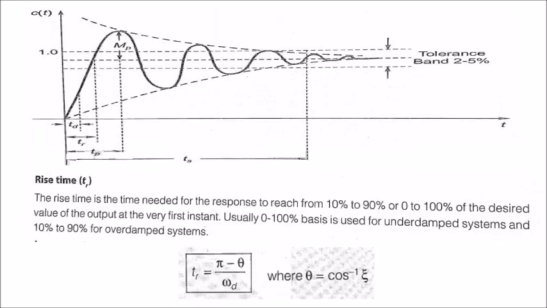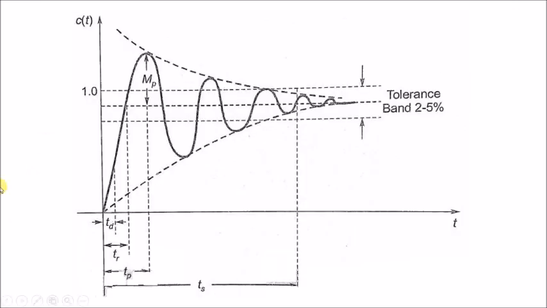One more important thing is settling time, because I forgot to tell this. The time from here to here is called settling time. Settling time depends upon how much tolerance you need, whether 2% or 5%. This is the difference between these two bands.